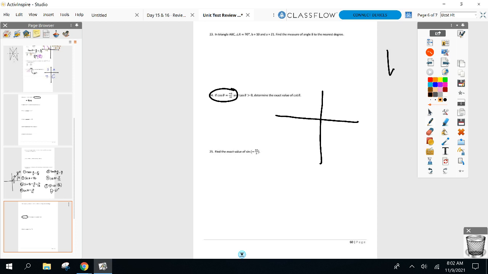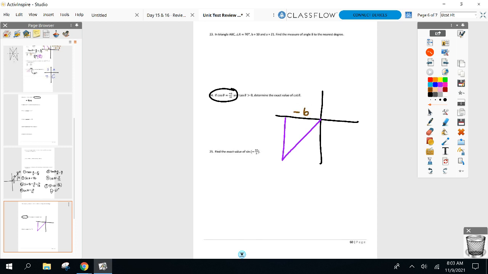I think of my bow tie. That's what it looks like. Now I got to figure out where that negative 6 and 10 are going. I gave you cosine, everybody. Cosine, so adjacent right here should be negative 6.